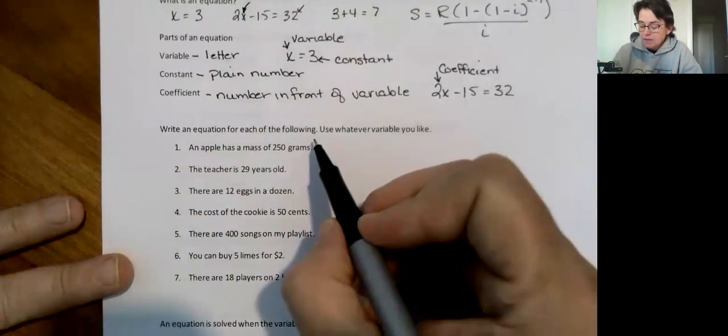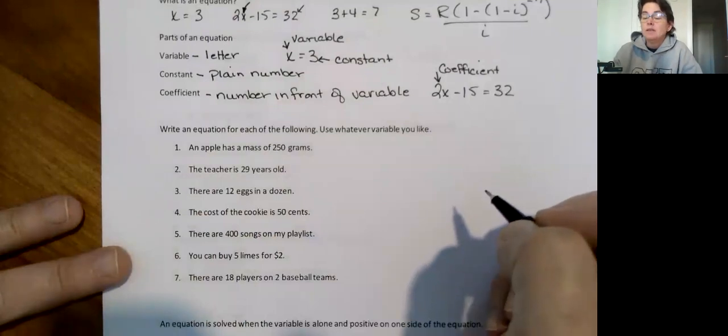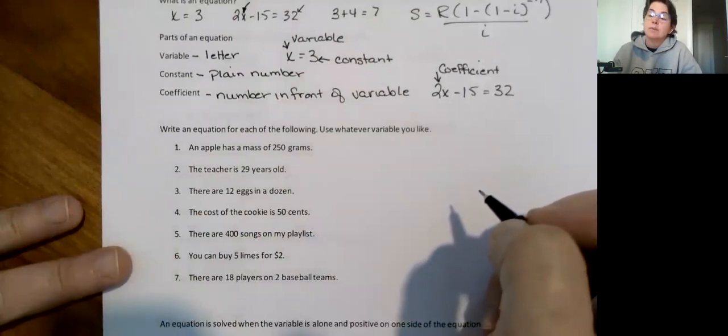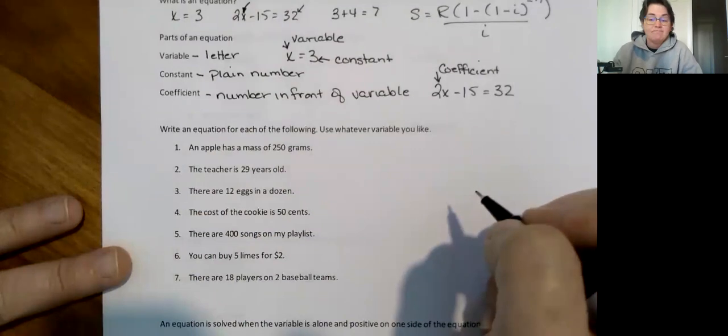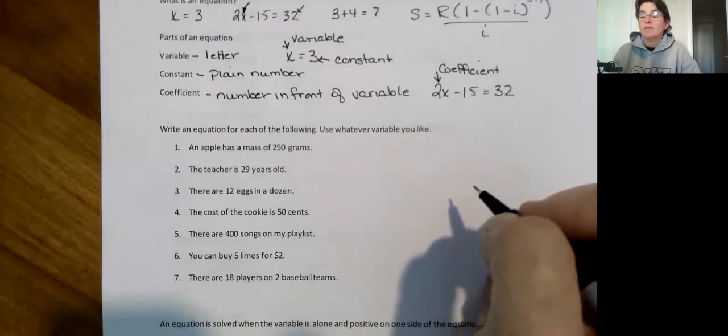And it says write an equation for each of the following, use whatever variable you like. If you want, you can use x for every single question, and that's fine with me. But I like to use a letter that's part of the question, simply because sometimes you'll get more than one variable, and then it makes life simpler for me.